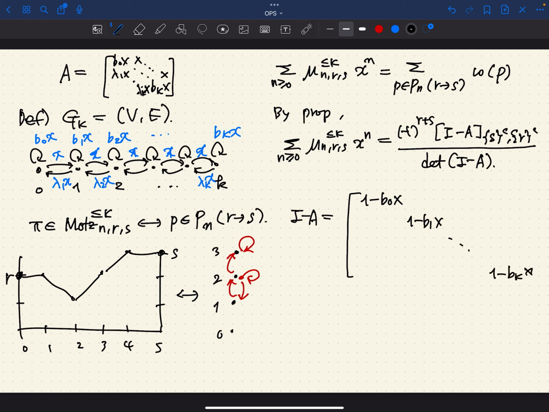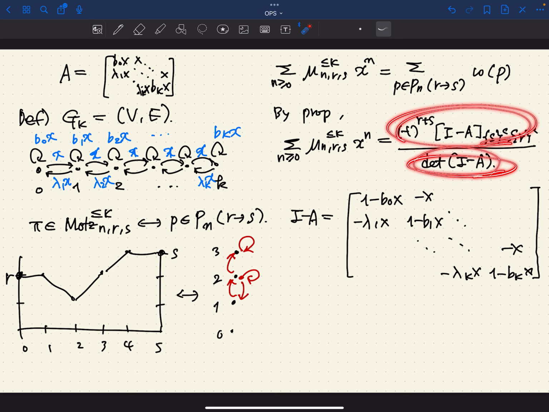The ones above the diagonal are all minus x's, and the ones below the main diagonal are minus lambda 1 x, lambda 2 x, up to minus lambda k x. So it's a tridiagonal matrix. We need to compute both the numerator and the denominator for this matrix.